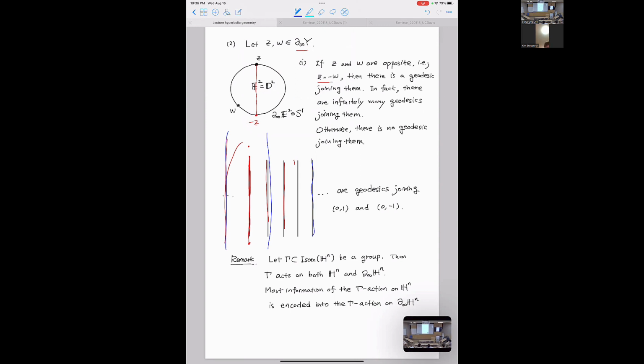This is a different property in Hadamard manifolds. And if the two points are not opposite, then there is no geodesic joining them. So in the Hadamard manifold case, different things happen, unlike hyperbolic space.